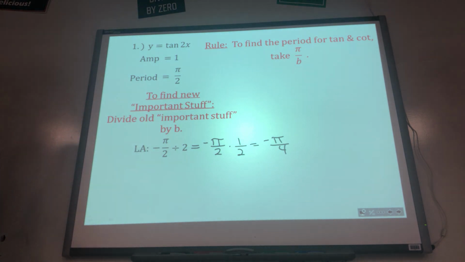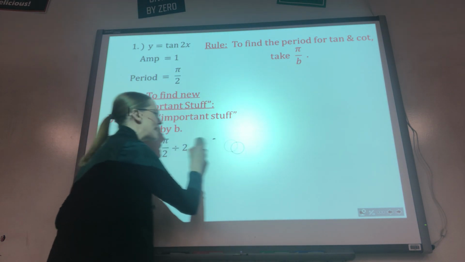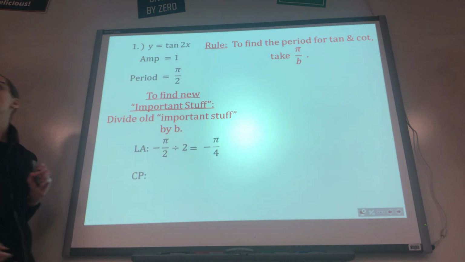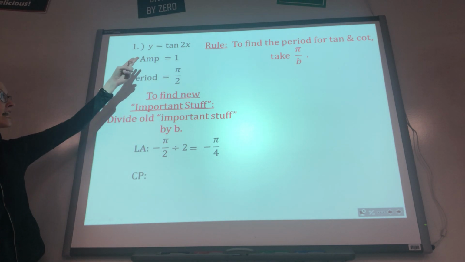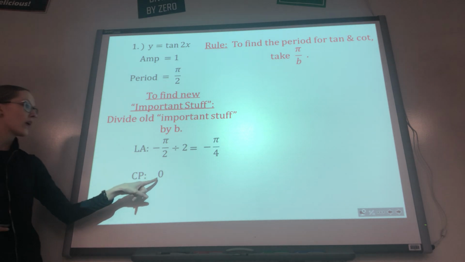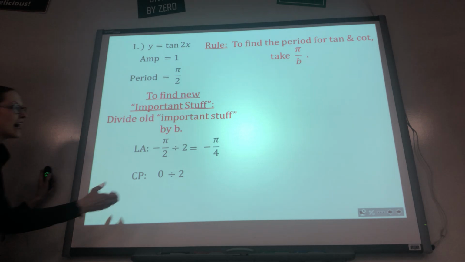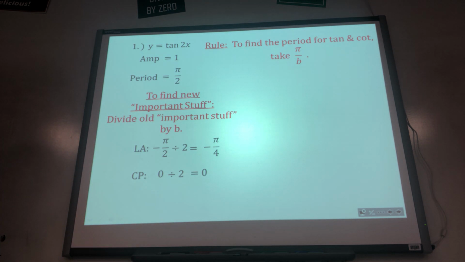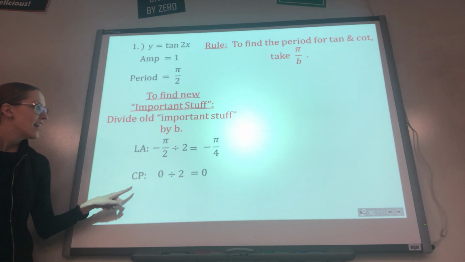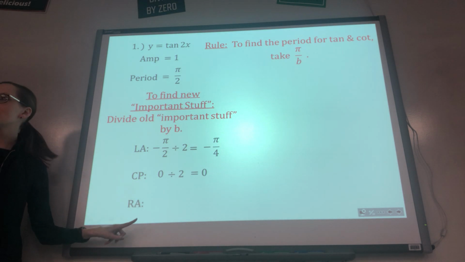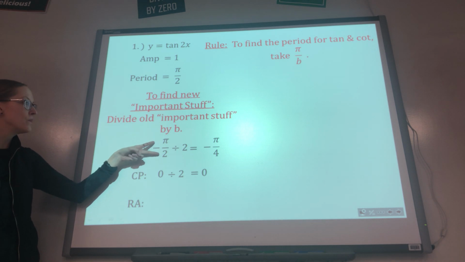Okay, the next thing on our list was the center point. I'm getting lazy again. Instead of writing out center point, I put CP. All right, the old center point for tangent was at 0. So I take the old stuff and I divide it by b, and actually it stays the same here. 0 divided by anything is just 0. So I still have a center point at 0. And then the right asymptote, RA, as I like to call it, was at pi over 2.